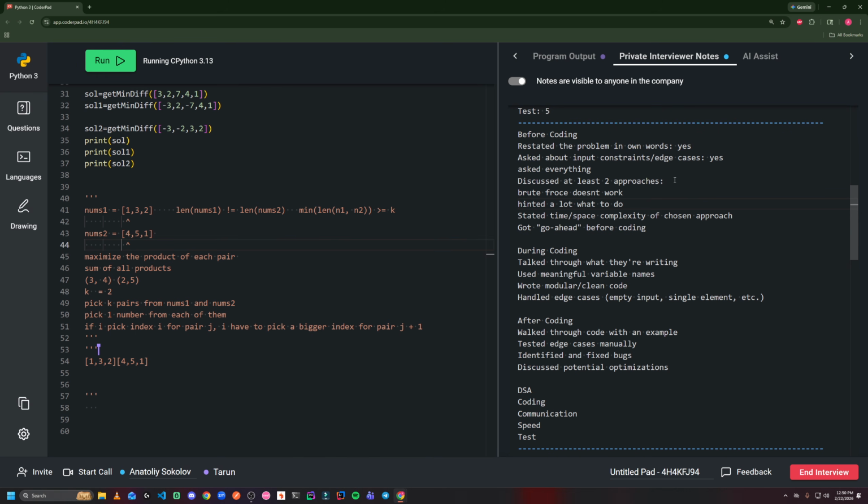I'll just maintain a variable and compare with k, because whenever I'm considering, that means I got a pair. Right, so you're going to maintain a variable of how many pairs you have. Yeah. Okay, and what would be the time complexity of that?